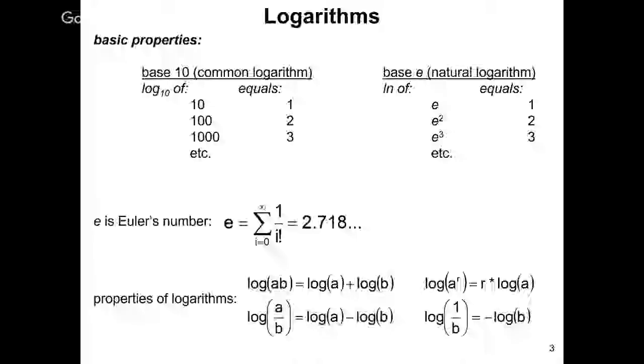Wouldn't it be 1 minus log b? Log 1 would be 0. Oh, 10 to the 0 would be 1. So that's why it would look like this. Yeah, so you're right. It would look like this, but log of 1 is 0. So it just turns into that. So it's the same idea, just tricky.